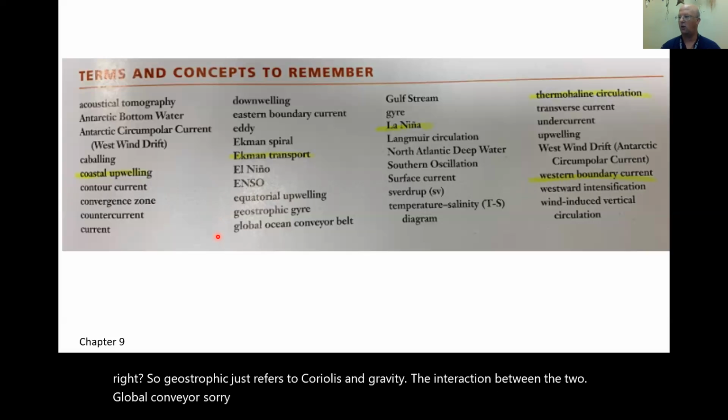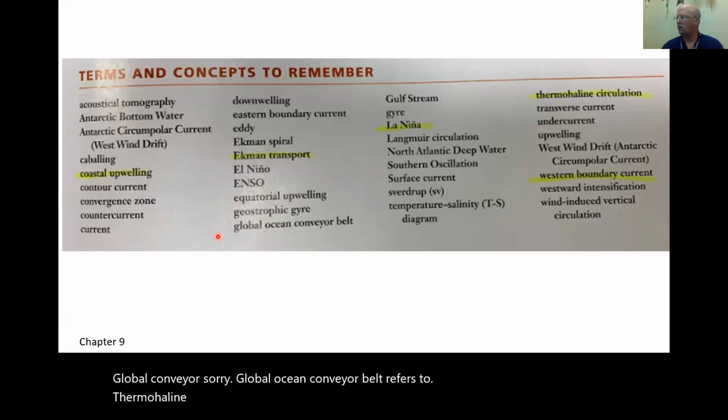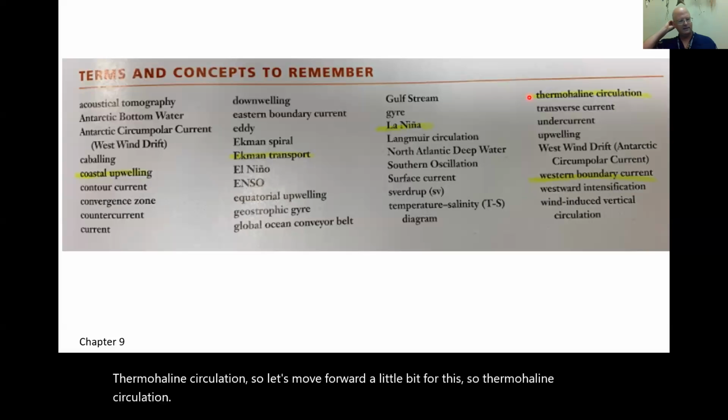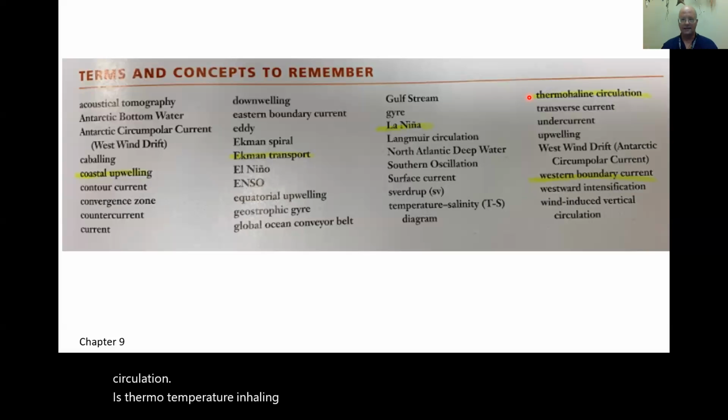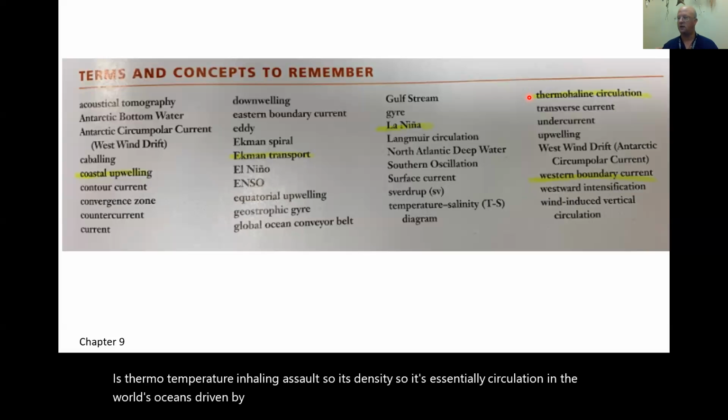Global ocean conveyor belt refers to thermohaline circulation. So let's move forward a little bit for this. Thermohaline circulation is thermo, temperature, and haline is salt. So it's density. It's essentially circulation in the world's oceans driven by density. That's all it is.